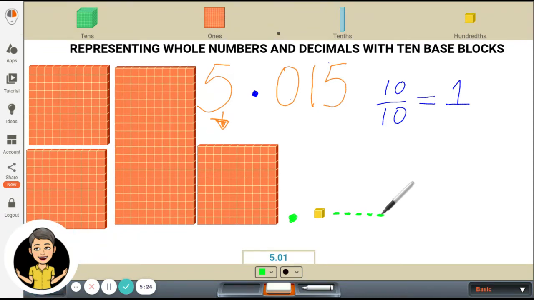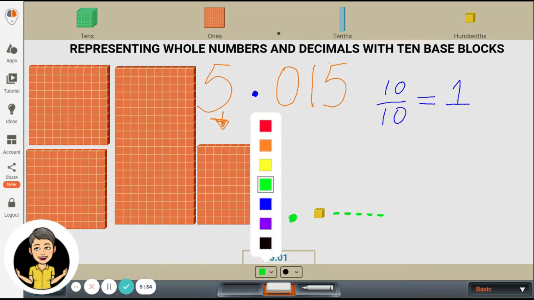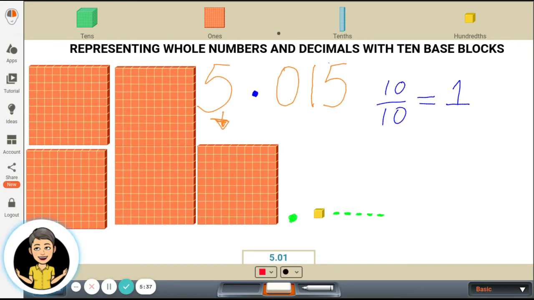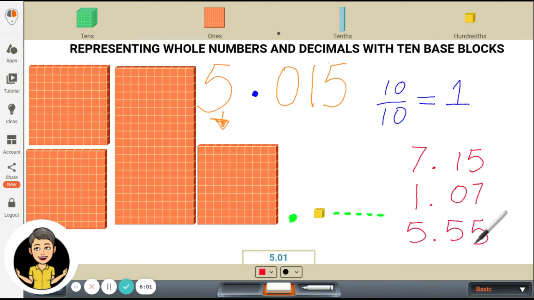Now you try. You do it independently. You can use a piece of paper and go ahead and represent the following numbers. Please help me to represent 7 wholes and 15 hundredths, 1 whole and 7 tenths, 5 wholes and 55 hundredths.